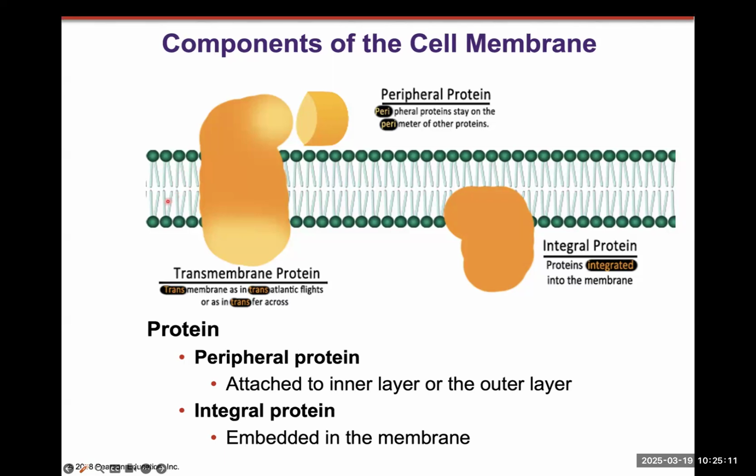So this is going to be the head part. It's going to be polar, and then we have a tail which is going to be non-polar, which is hydrophobic. So they don't like water. They like to stay away from water. So when you mix it all up, they're going to sort themselves and turn themselves into this membrane.